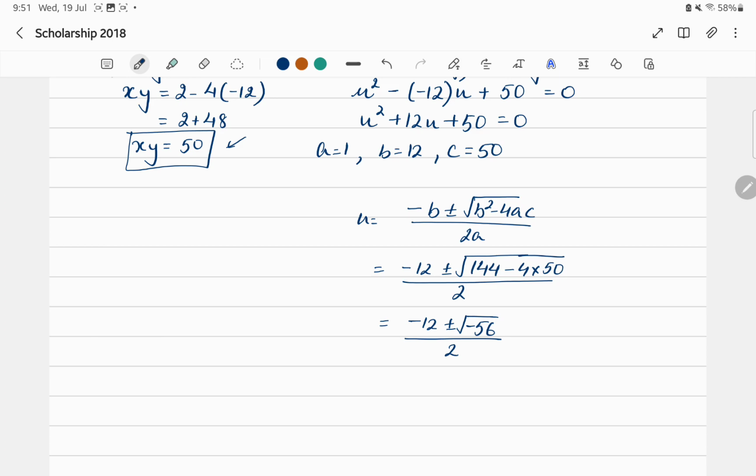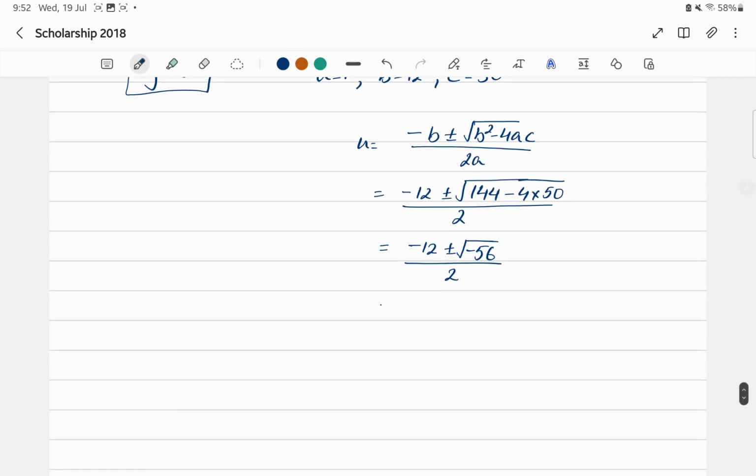That will give us 56, which is minus 14 times 4, over 2. Why I'm taking out 4 is because it's a square number and it's easier to take it out of the square root.